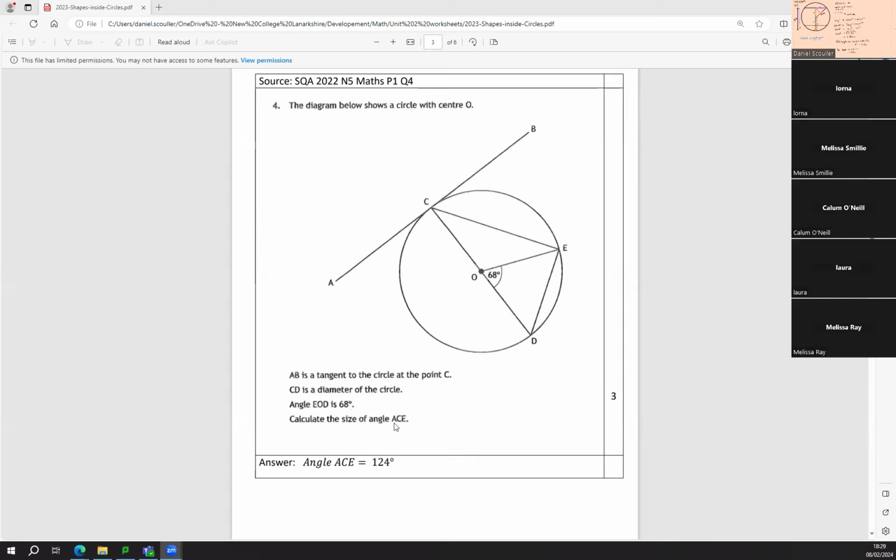So they're starting somewhere and they're finishing somewhere. So angle ACE is the angle which starts at point A. The angle itself will be where C is, and the finish point is going to be point E there. So the angle created in here.